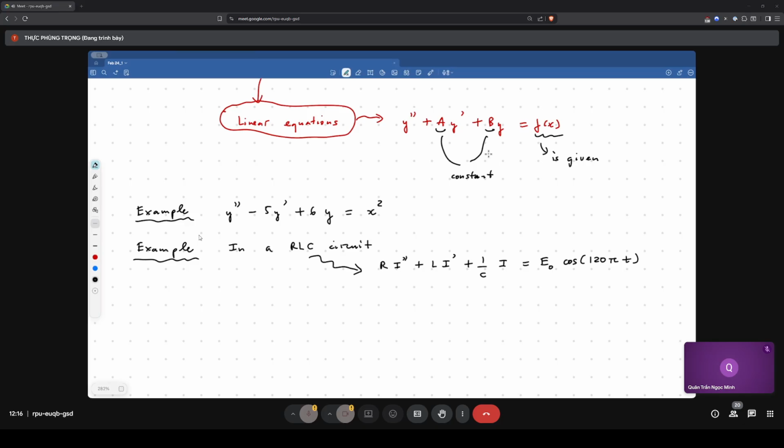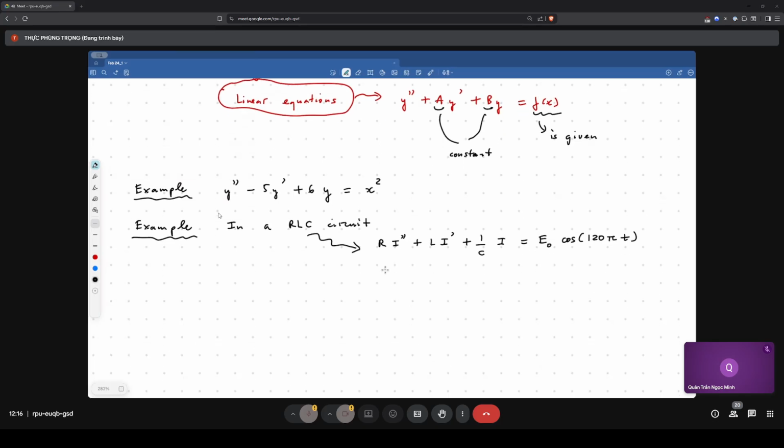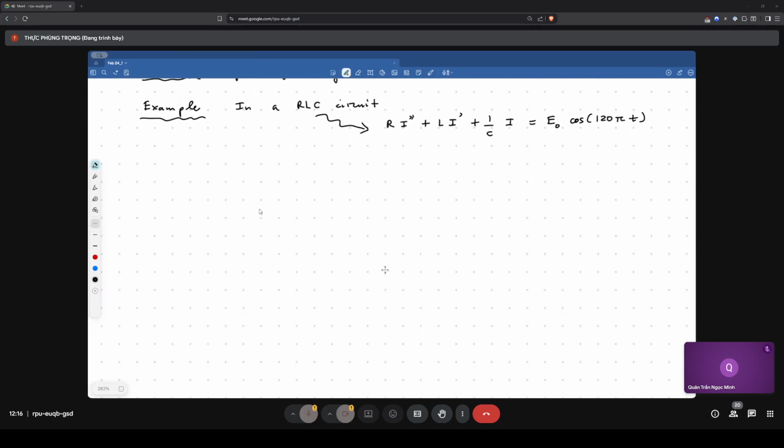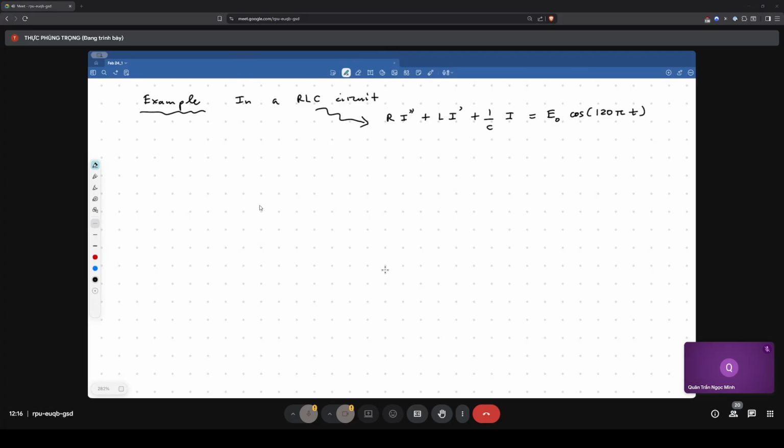You know, this is a linear equation that we consider right here because R, L, C, they are just constants. So the right-hand side is the function. This is a function of t, but it doesn't matter, right? Now you may have s as the variable, you may have t as the variable. So that's one more example. You see, in practice, we have linear equations.